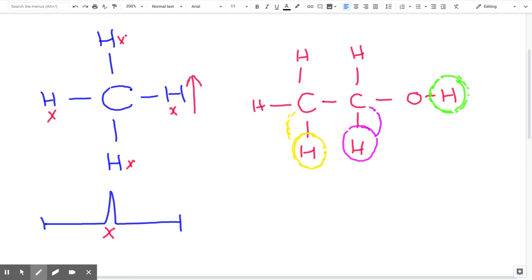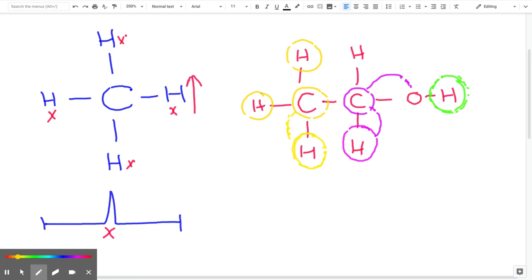This carbon is also adjacent to this oxygen, and so linking in different things such as electronegativity, this carbon is going to be slightly different from this carbon, and so that means that the protons attached to the different carbons are also likely to be different as well.